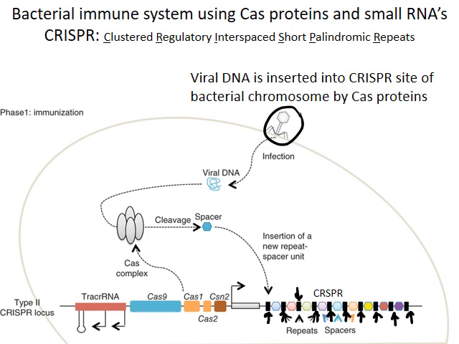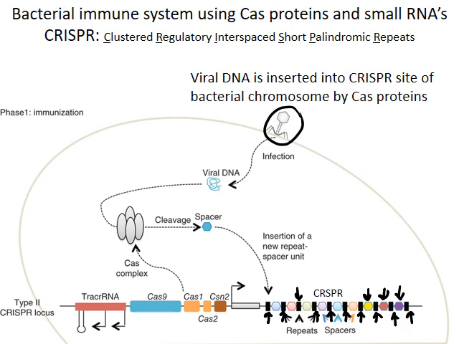But the actual moneymaker of this system is not the repeats themselves, although they are important, but the spacers in between the repeats, because each of the spacers represents a different part of a viral genome or a different viral genome that can then be used to identify further infection by that same virus.